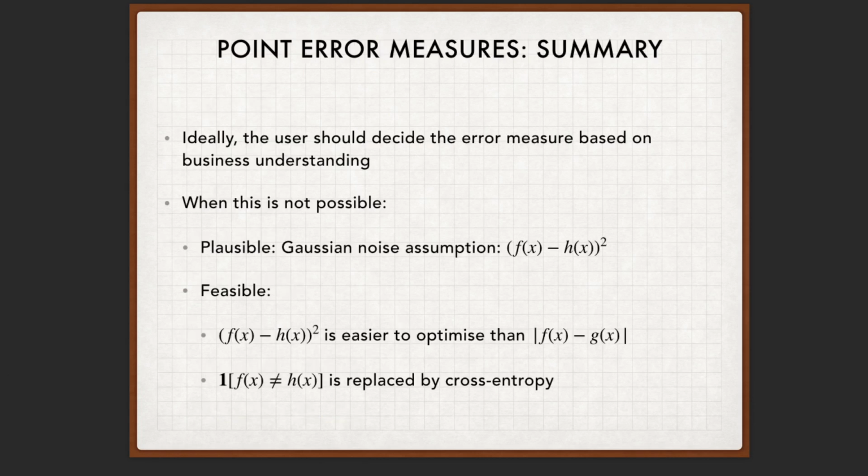So for summary, ideally the error measure should be based on business understanding. So ideally, the user of the system should provide it. But of course, in most practical cases, the user will not give you a very explicit error measure.